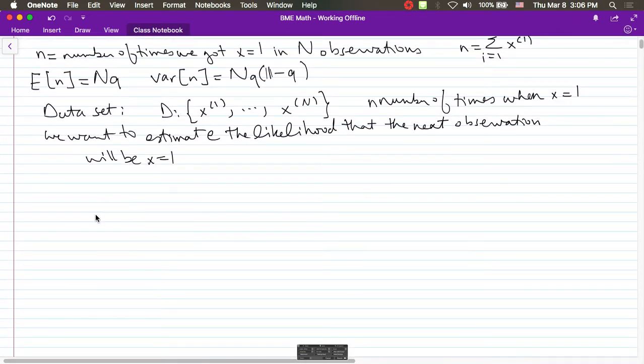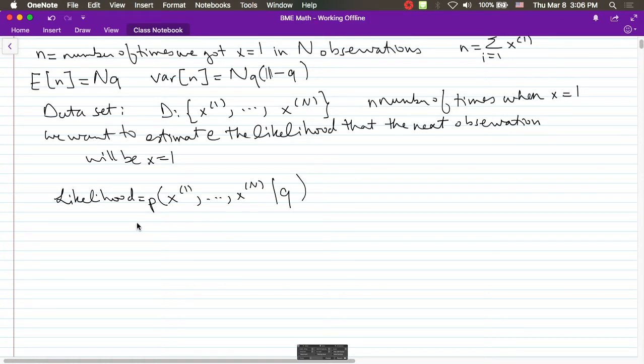Okay, so given that that's our data, we have some likelihood that we're going to define, which is the probability of observing the data that we did, given that it was generated by a probability distribution that had this parameter q in it.